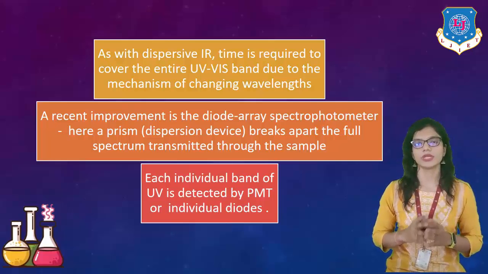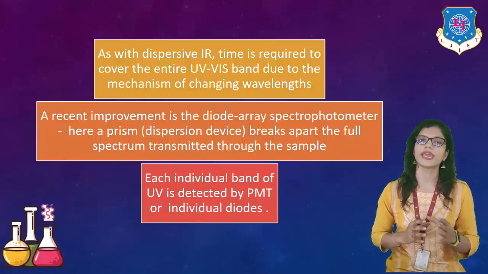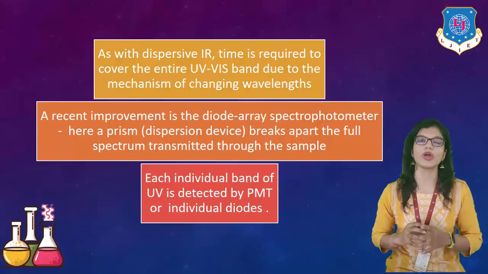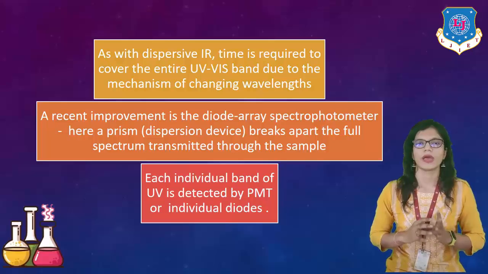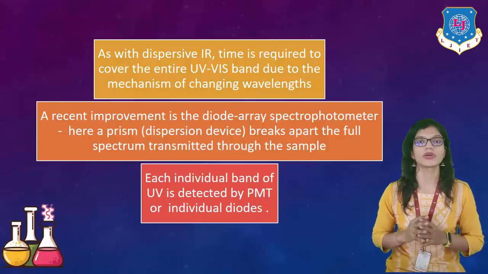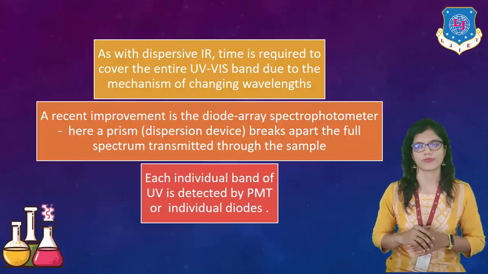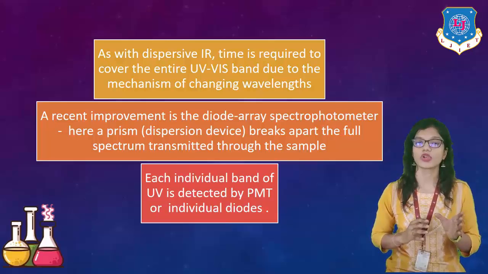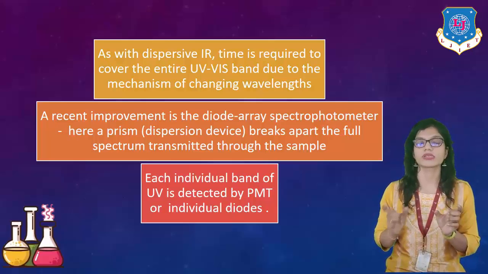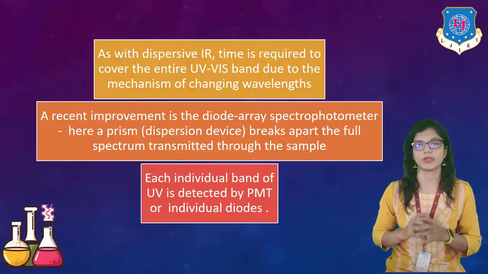Depending upon the region which is used here, we can nomenclaturize our spectroscopy accordingly. In UV visible spectroscopy, the range will move from 200 nanometers to 800 nanometers, in which 200 to 400 nanometers is the range of UV, while 400 to 800 nanometers is the range of visible.